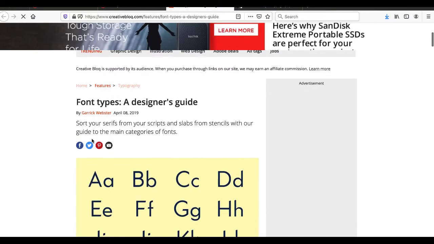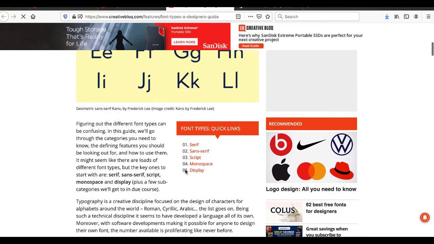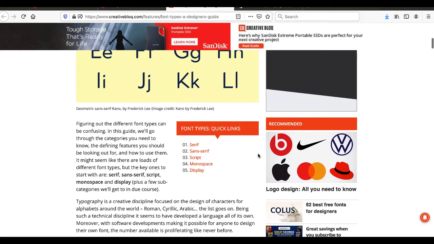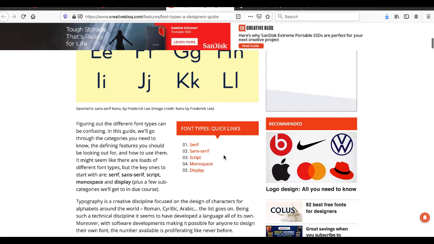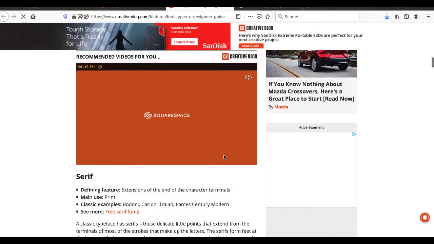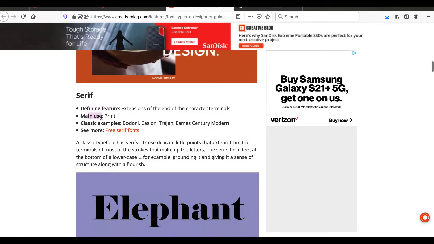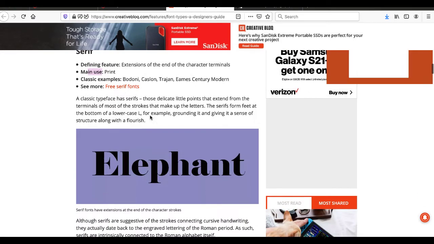Sort your serifs from your scripts and slabs from stencils with the guide to main categories of font. Now you're going to see this is their 4 main categories. I have a slight variation on this that we'll get to, but read about what makes each one the defining feature. Where is it used? Classic examples.